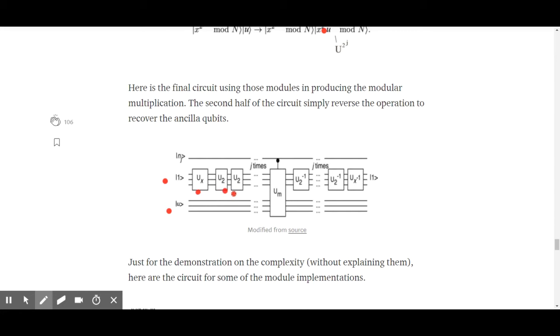Then this is the thing that you do many times, and then you do a multiplication, which at the end of the day probably gives us the answer that we want. That's what we covered in other videos as well. There's probably going to be some entanglement happening, so you want to disentangle the ancillary qubits from your actual result.